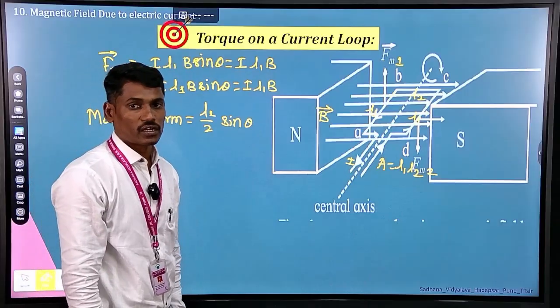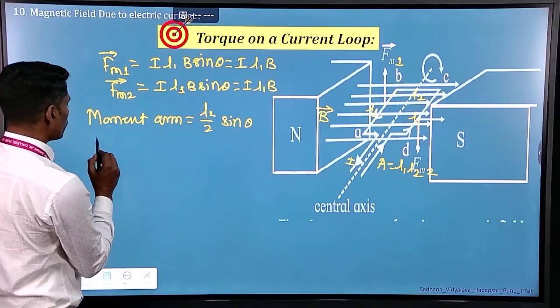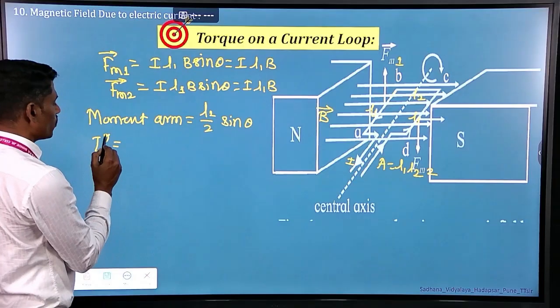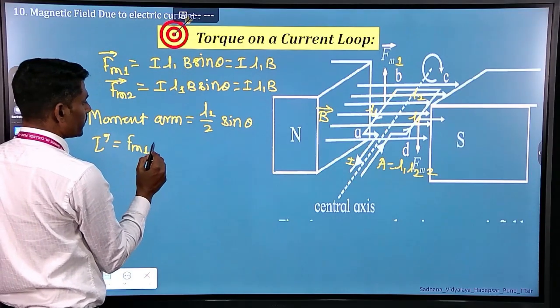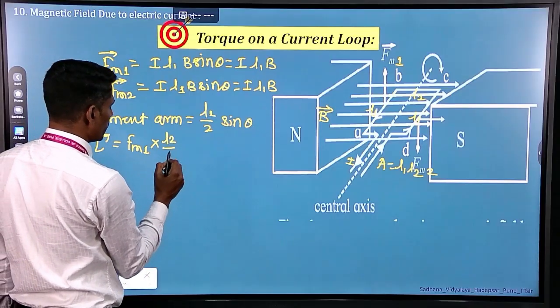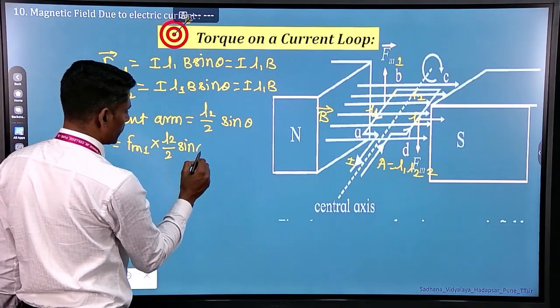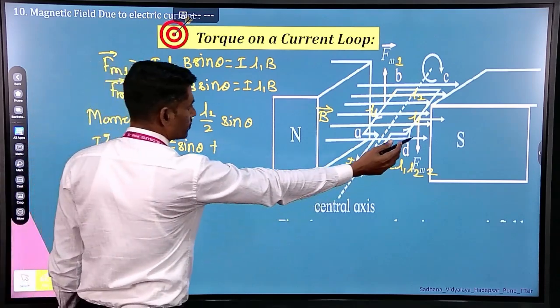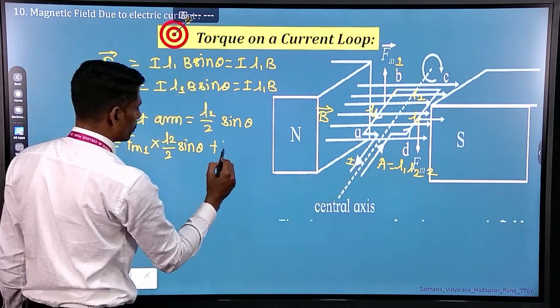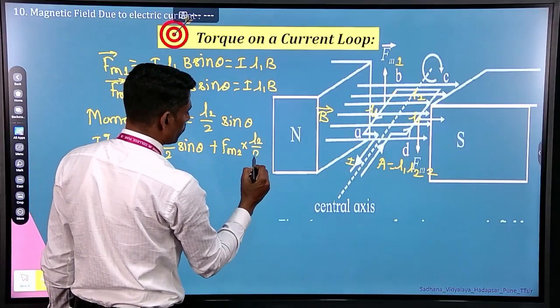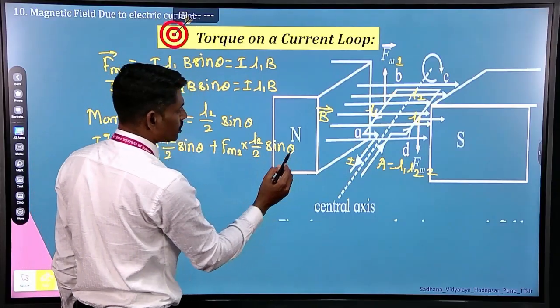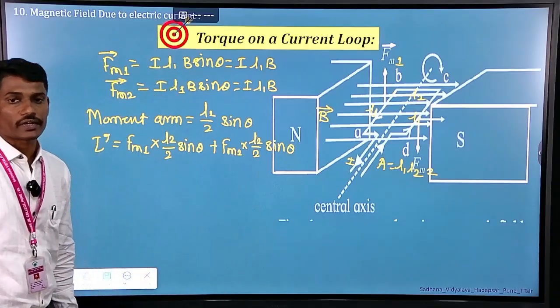So, the torque acting on this loop, tau dash, is equal to the magnitude of the force into moment arm L2 upon 2 sin theta, plus the other force Fm2 into L2 upon 2 sin theta. This is the total torque acting on a current loop.